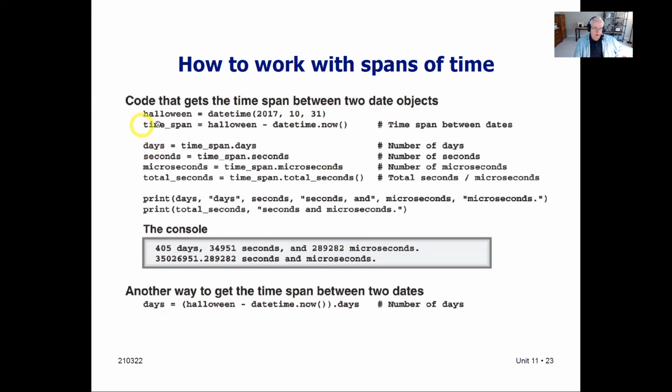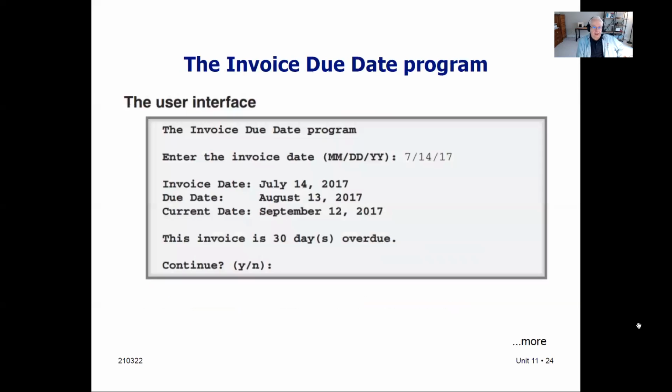So that's kind of a combination of this line and this line together, and that's just because we put this part of the calculation in parentheses. So we're using things that we have learned earlier in the class. Any questions about working with time span?